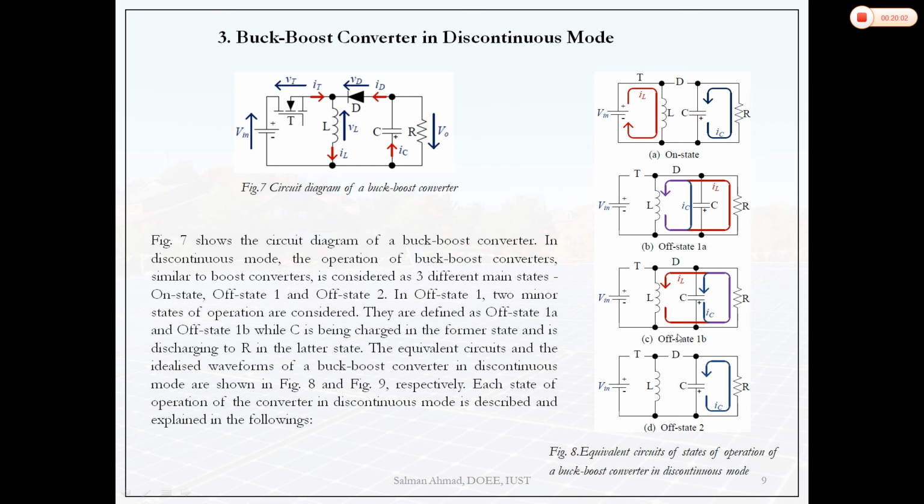So the difference of the current, which is the extra current required by the load, will flow from the capacitor. Okay. During off state 2, you can see that both transistor and diodes are turned off. Okay, so this loop is open circuit. This loop also there is no current. In this loop you can see the capacitor is supplying the necessary current to the load. So IC will be equal to minus I naught in this loop.